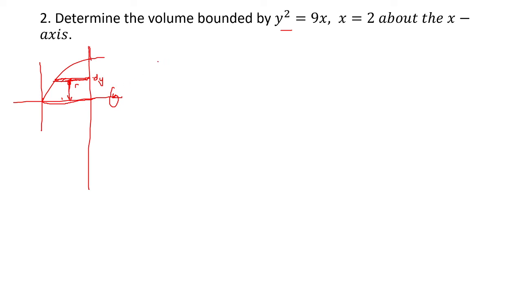Then remember that volume is equal to 2 pi r A. Our r here is the y bar, the y bar of our centroid. What formula did we use to get the y bar?